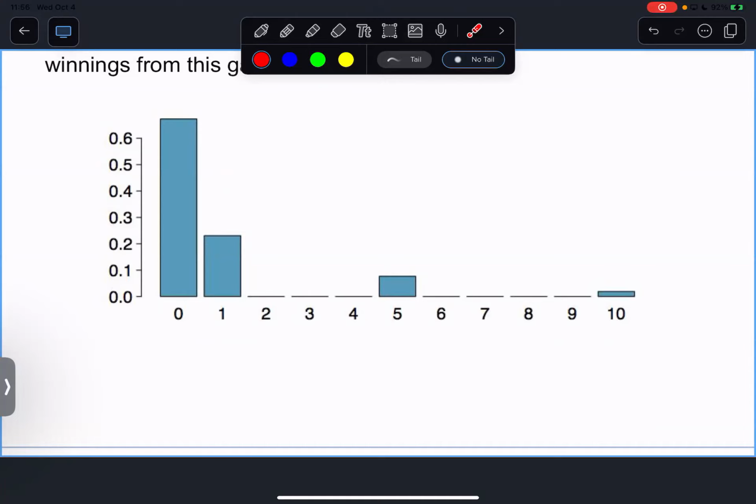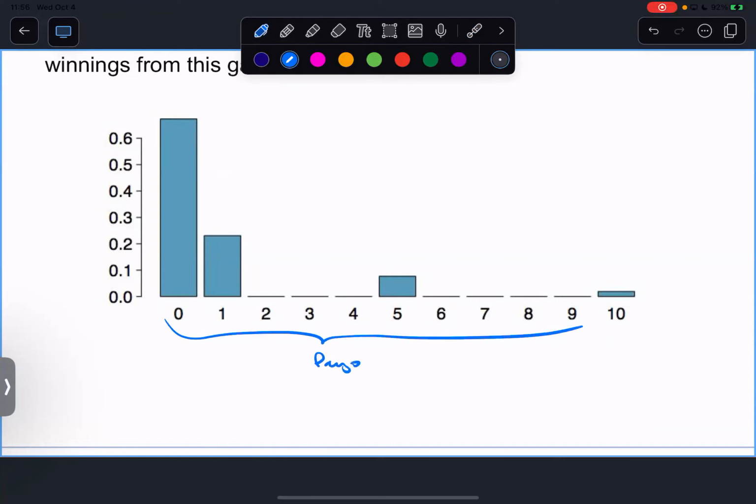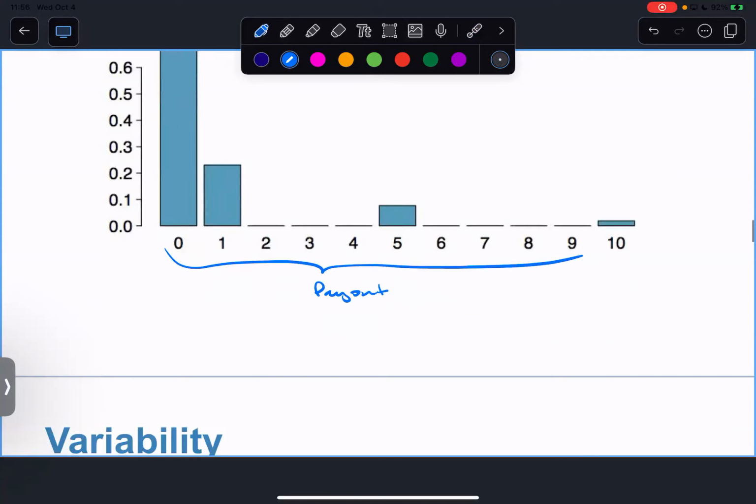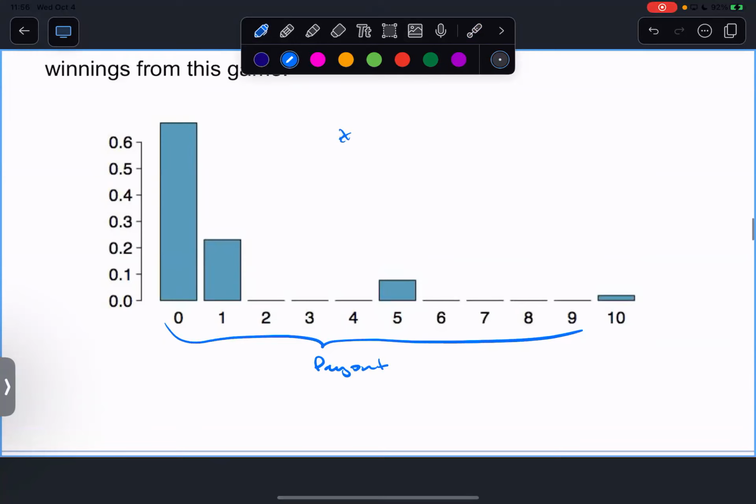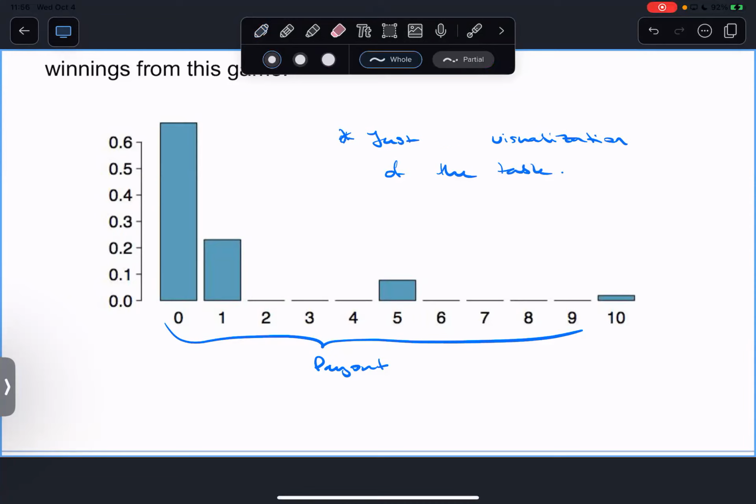Oh, dollars. Here, this is the payout. Nothing in between. And this is just a visualization of the table.